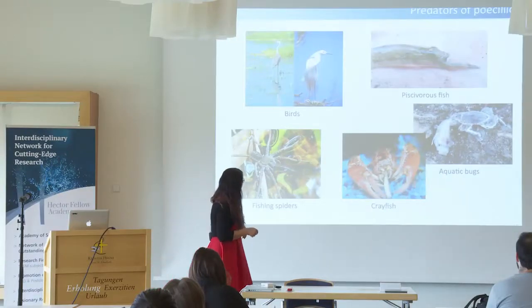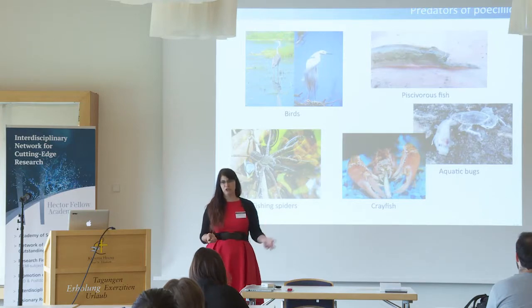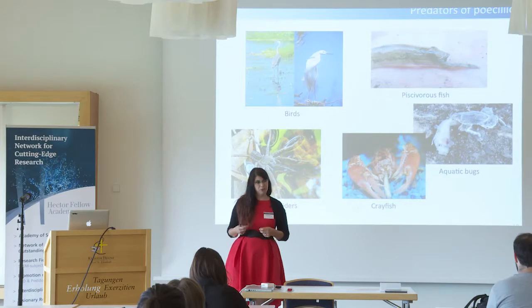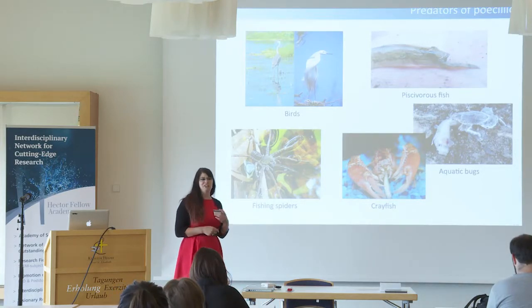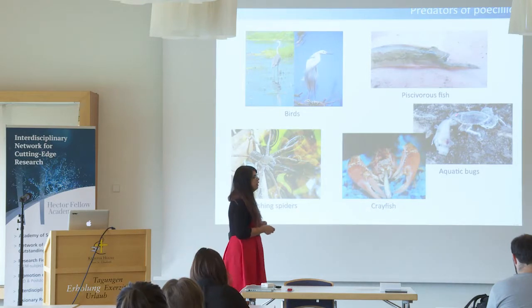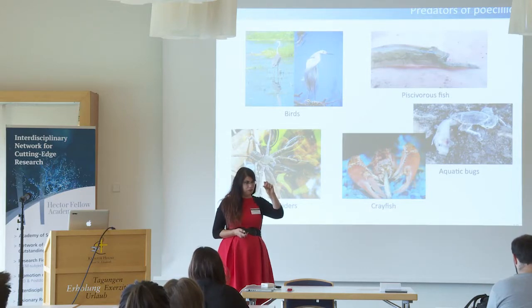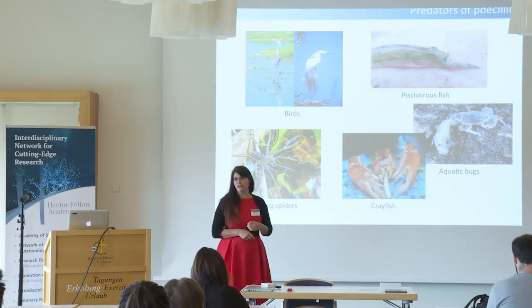Crayfish, so if you ever get the glory to seine for these fish and you get crayfish in the net, they will start going after your fish and killing them, so you need to get them out fast because they really love feeding on these fish. It's easy prey. But even aquatic bugs can prey on these fish. And these bugs are only this big, so they're almost as big, if not smaller, than these fish.